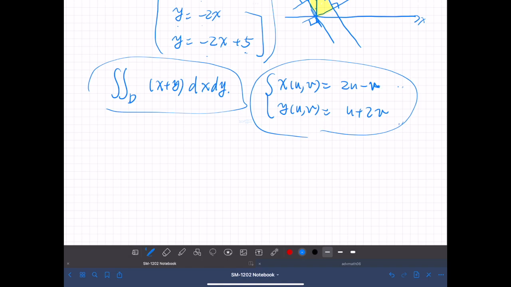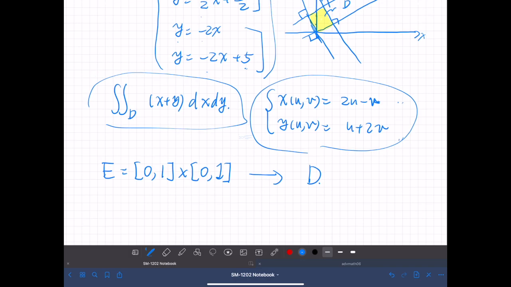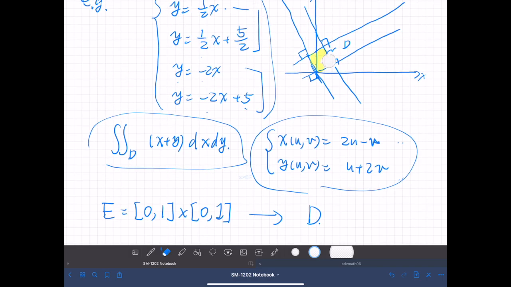So given these four lines, how can we come up with this change of variables? If we do this, this integration is greatly simplified, because if we define E as 0 to 1 times 0 to 1, then this transformation maps this region to the region D, defined by this.